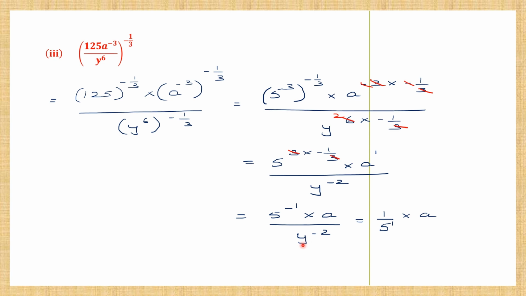So y from the denominator will go to the numerator. So that becomes y to the power of 2. The power is now positive. So let me multiply everything together. Now 1 into a into y square is a y square. In the denominator, 5 raised to the power of 1 is simply 5. So our final answer is a y square by 5.